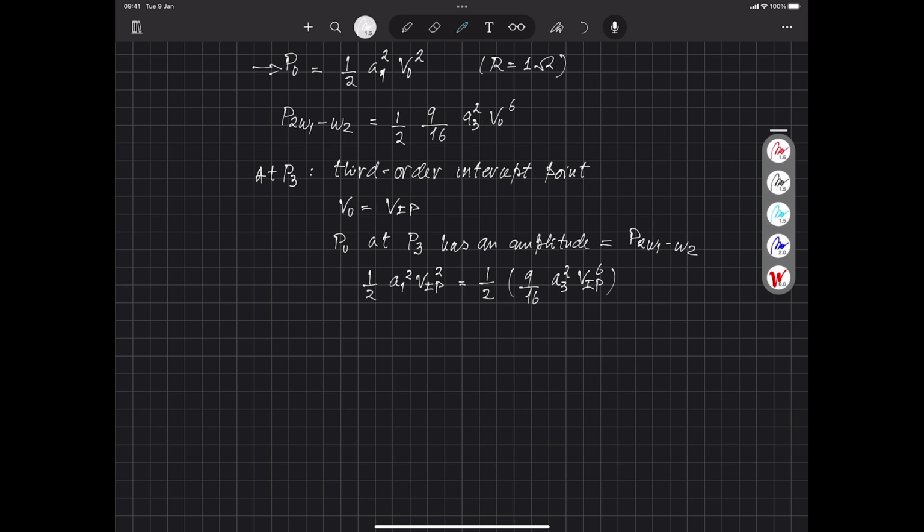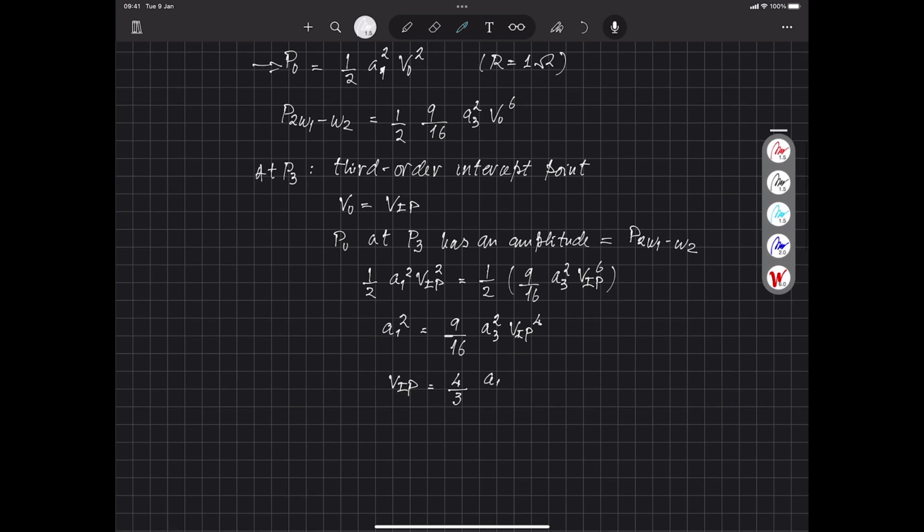And so from this result we obtain that A1 squared equals 9/16 A3 squared times V IP to the power of 4, which gives us that V IP equals 4/3 of A1 over A3.